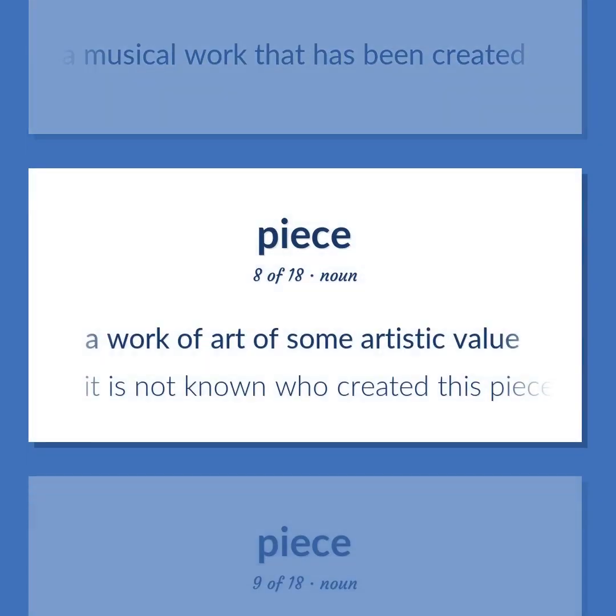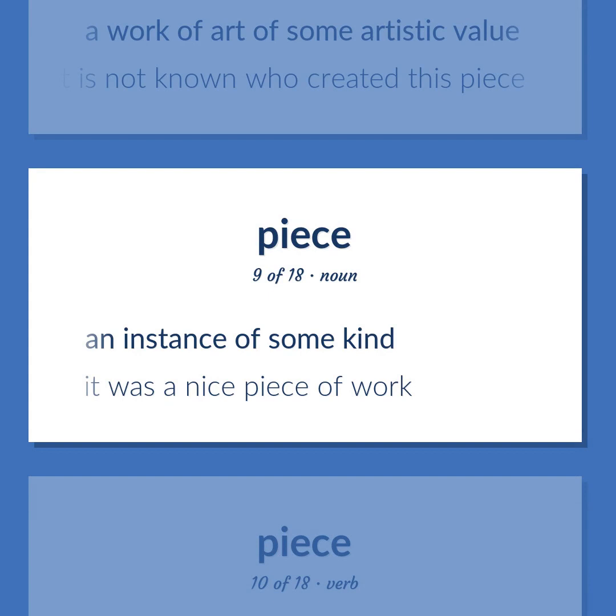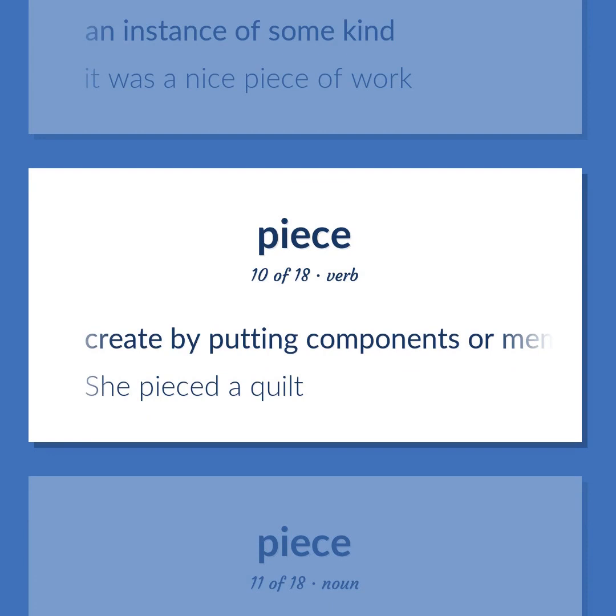A work of art of some artistic value. It is not known who created this piece. An instance of some kind. It was a nice piece of work. Create by putting components or members together. She pieced a quilt.